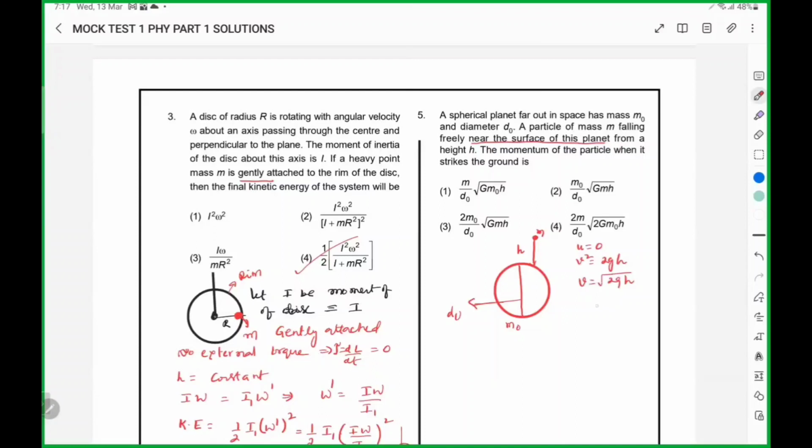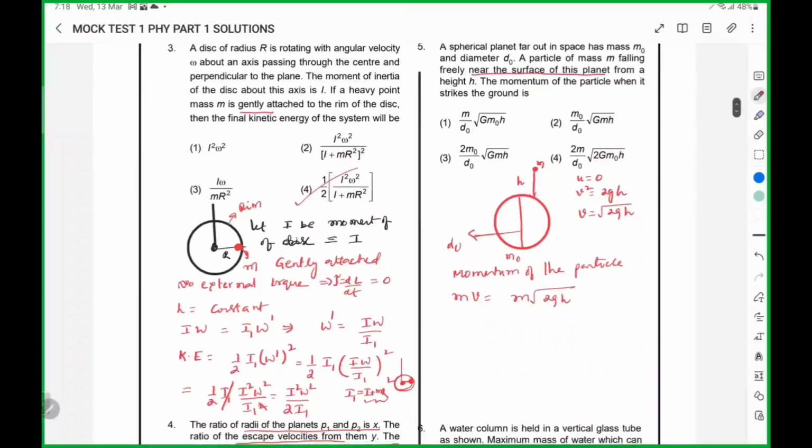So the momentum of the particle is mass into velocity. We know that g is equal to GM by r square near the surface of any planet, where r is D naught by 2, so g is 4GM naught by D naught square.